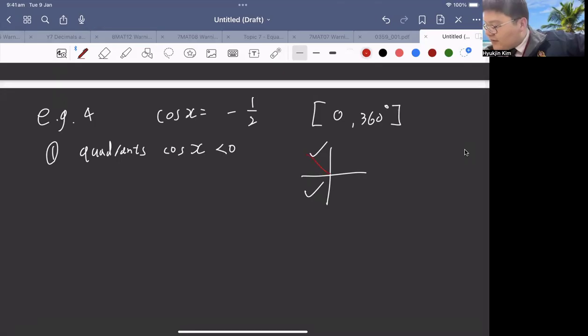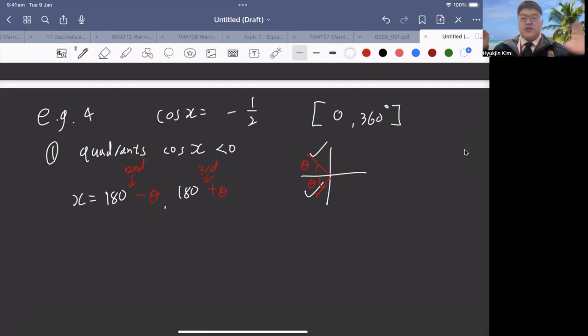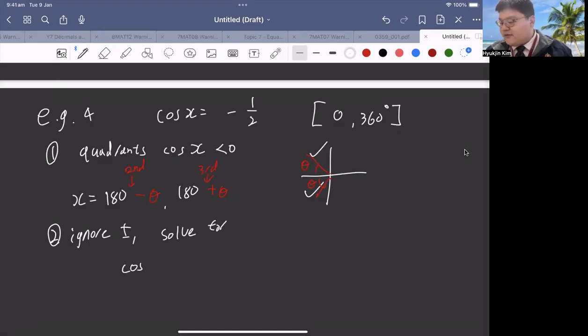This means whatever the angle theta is, x equals 180 minus theta for the second quadrant and 180 plus theta for the third quadrant. Okay. Now, disregard the plus and minus. Ignore the plus and minus and solve for cos of theta equals just 1 on 2.